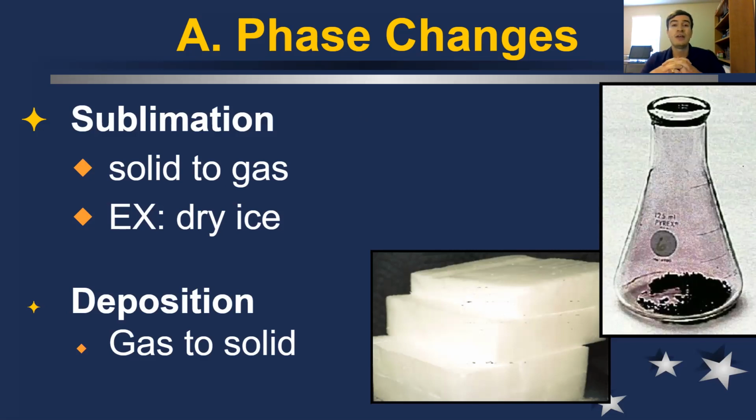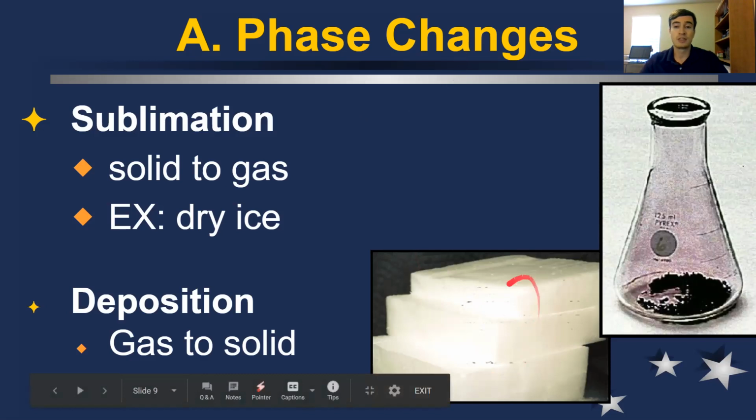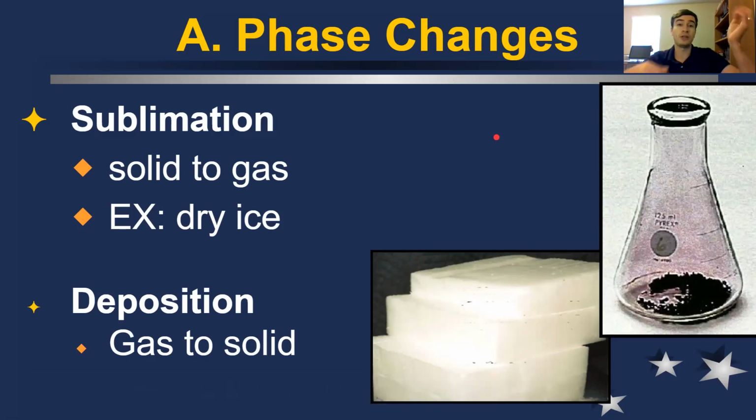So when that solid hits the air around you, say 75 degrees, that's over a 200 degree change from the solid to the air. So instead of becoming liquid carbon dioxide, the dry ice just starts immediately boiling and turning into a gas. And so this is called sublimation.